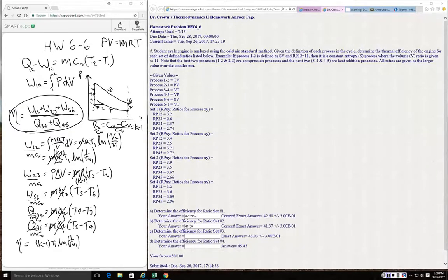My second term is work 2-3, which is (k minus 1) times (T3 minus T2). And my third term is work 5-6, which is just plus T5 minus T6.